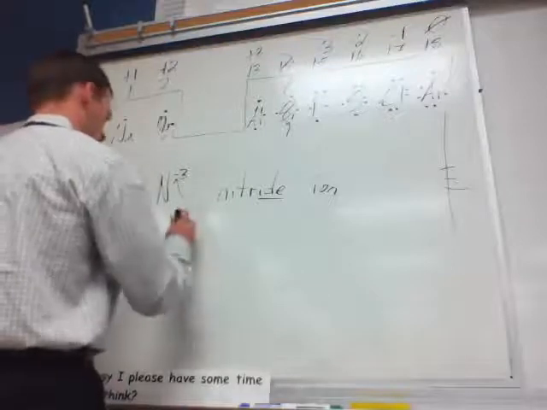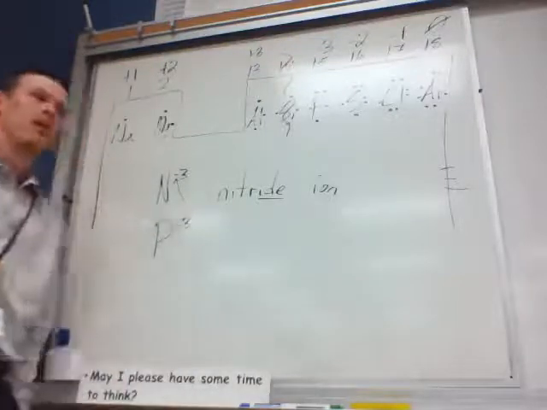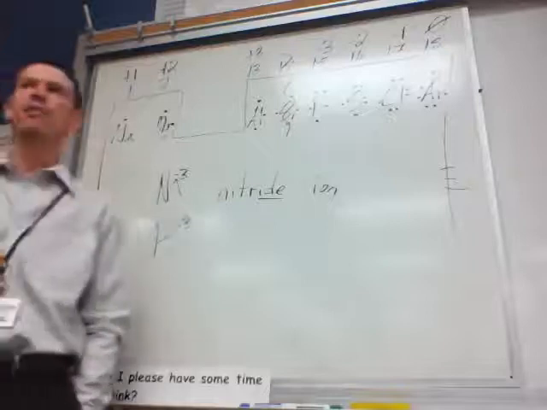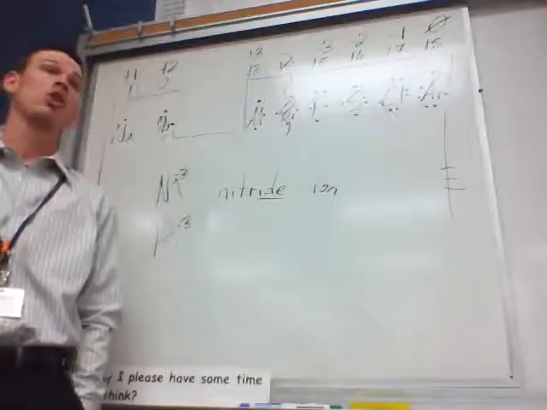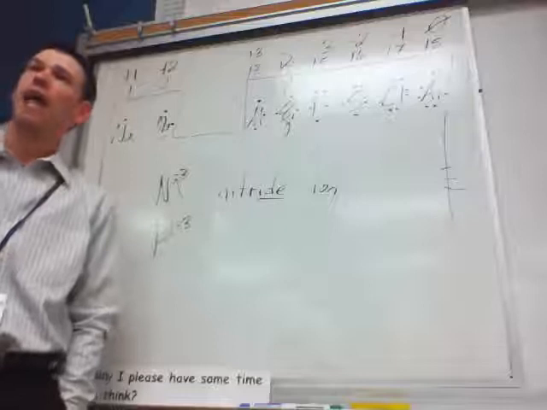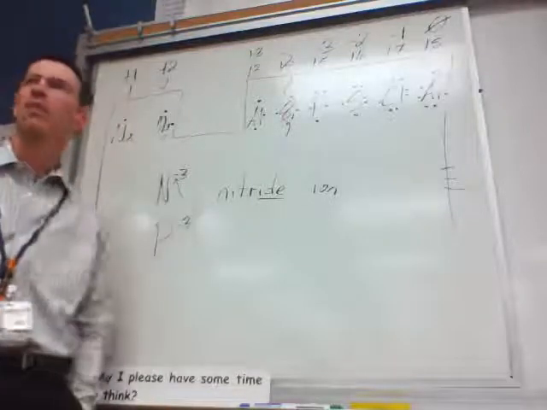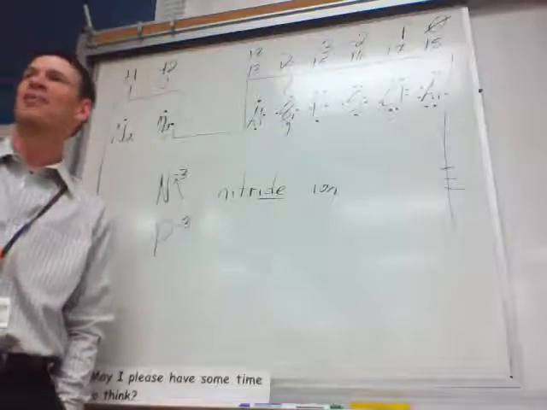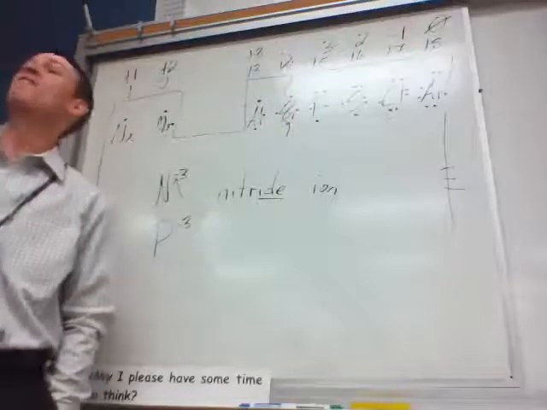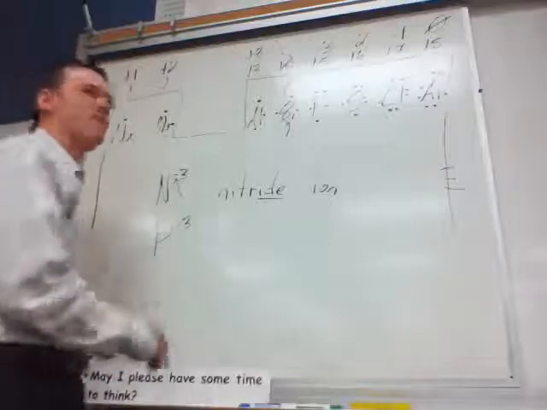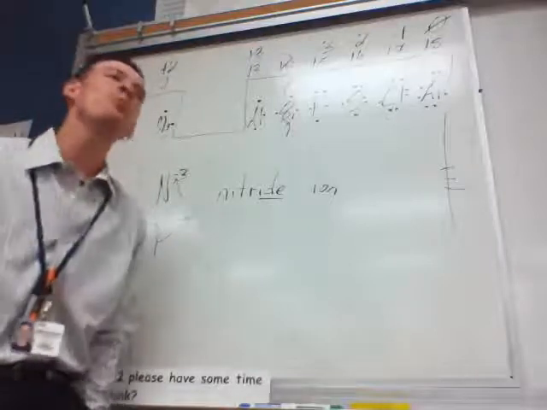Let's do phosphorus, because I like to watch you try. Phosphorus has a predicted charge of -3 because it wants to gain 3 electrons to get to 8. How do you say phosphorus when it looks like this? Oh, good. I'm glad somebody did it. Yeah, it's just phosphide, not phosphoride.